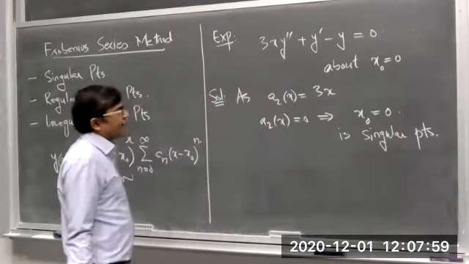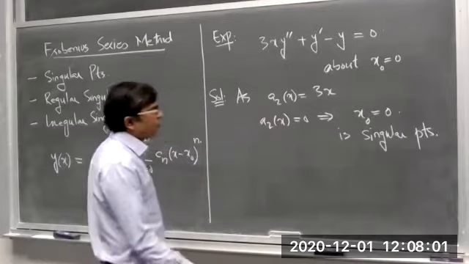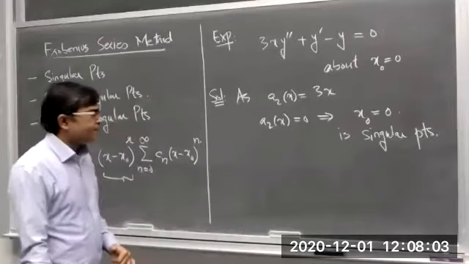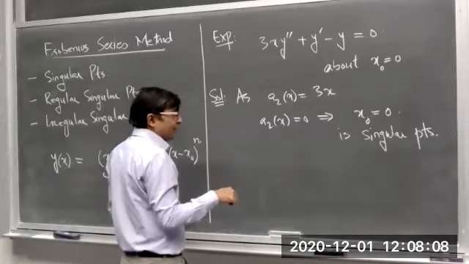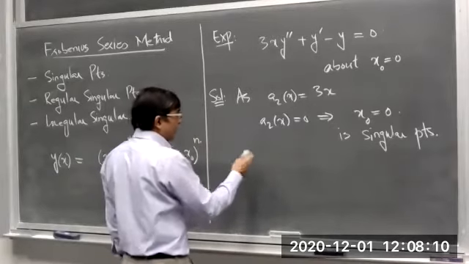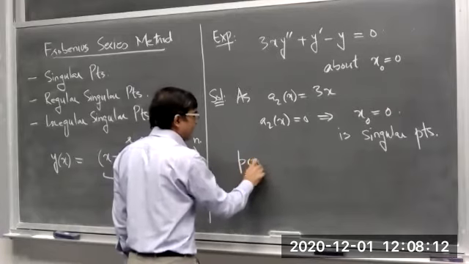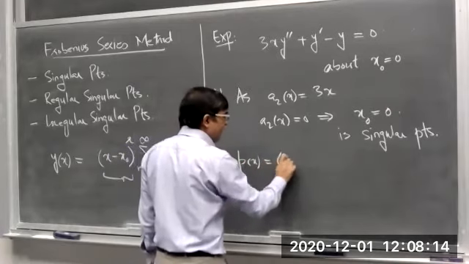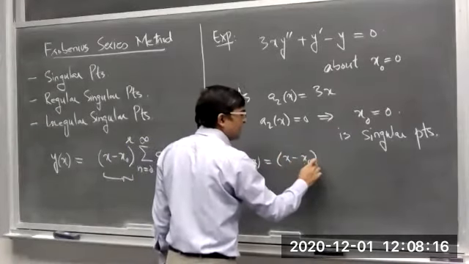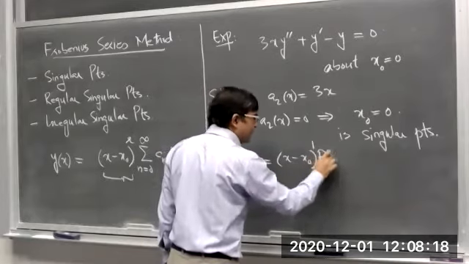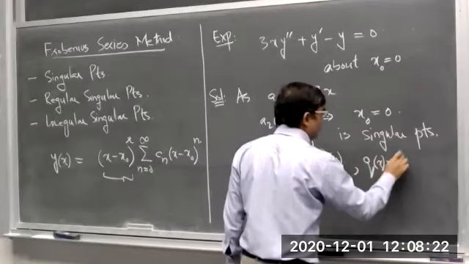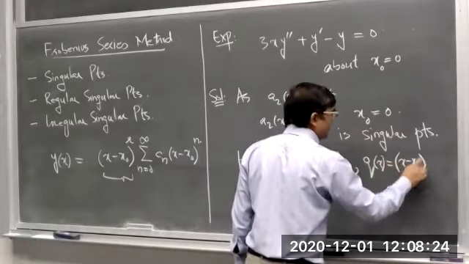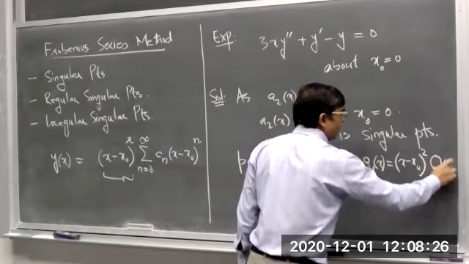Now we need to investigate whether the given point is a regular singular point or an irregular singular point. In order to check this, we assume that small p of x is (x minus x naught) power 1 times capital P of x, and small q of x is (x minus x naught) raised to the power 2 times capital Q of x.